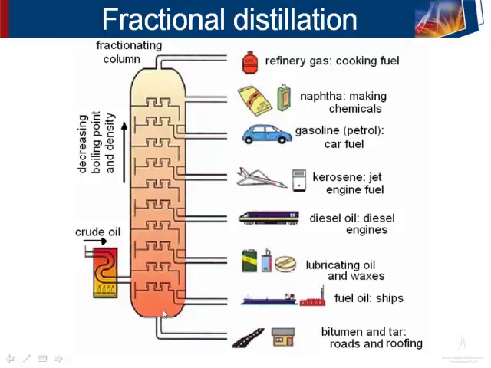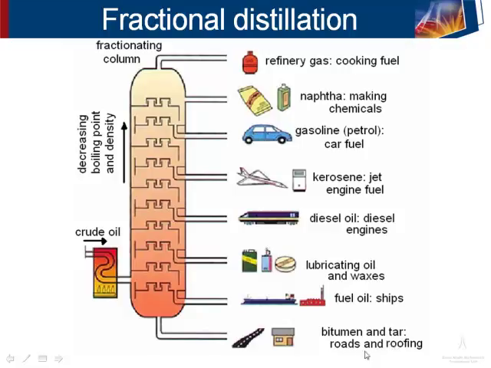We can see here the crude oil is pumped in at the bottom of the column, and a part which is not evaporated at all is collected, called the bitumen, which is a substance that's mixed with crushed stone and is used in tarring surfaces of roads.